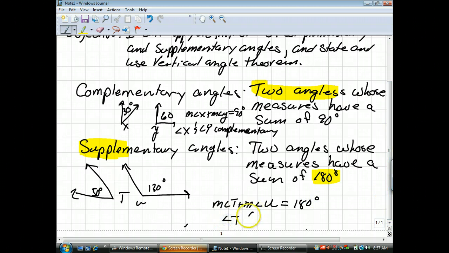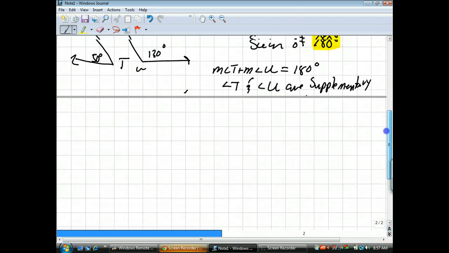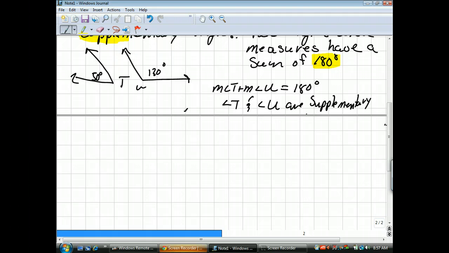Therefore, angle T and angle U are supplementary. Okay, so examples.